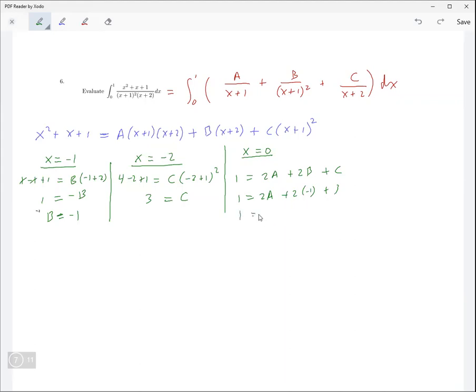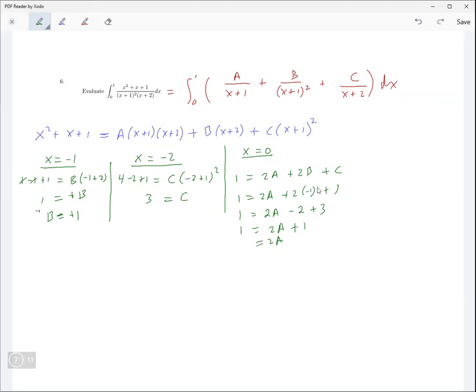Let's see here. 2a minus 2 plus 3. So a is, 2a is, wait a minute. I made a mistake here. This is positive b.